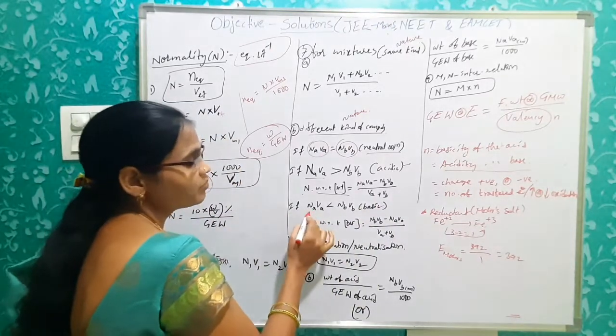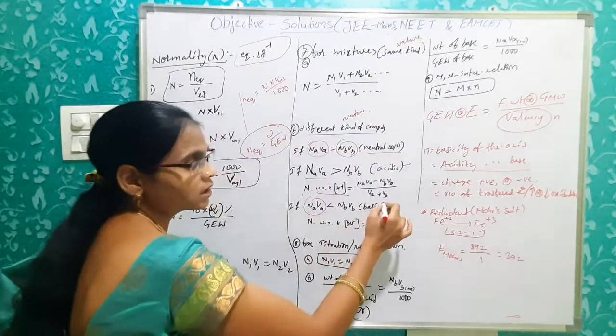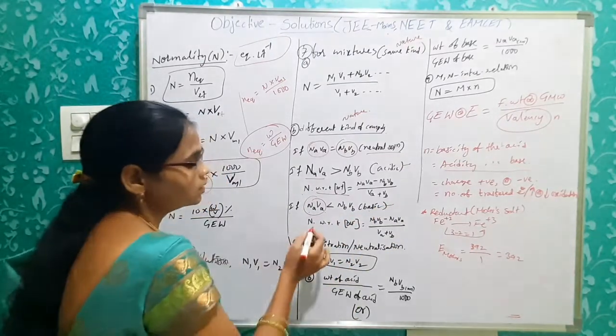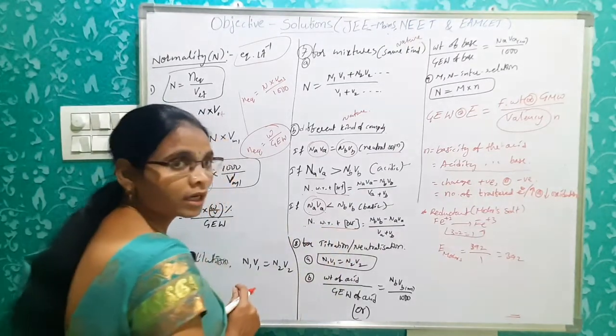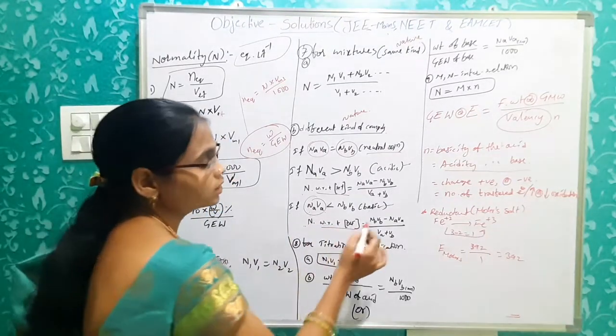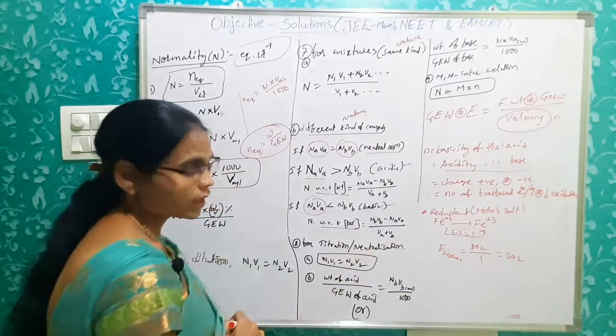Next, if the acidic nature is less than the basic nature, the resulting solution is basic. So when we calculate normality with respect to hydroxyl, OH minus groups, it is NbVb minus NaVa by Va plus Vb. Okay.